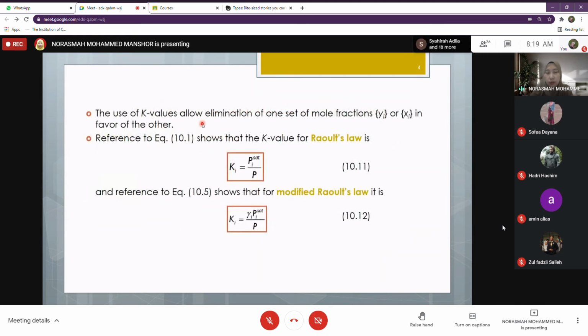The use of K values allows elimination of one set of mole fractions, Yi or Xi, in favor of the other.